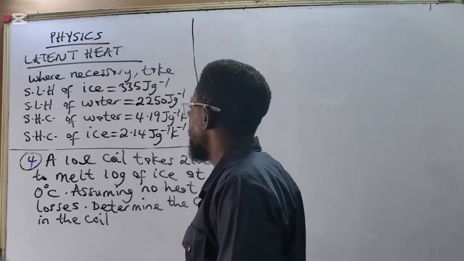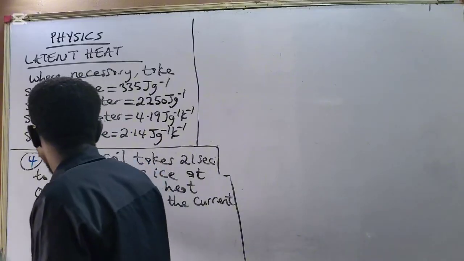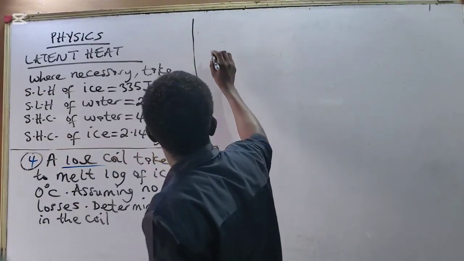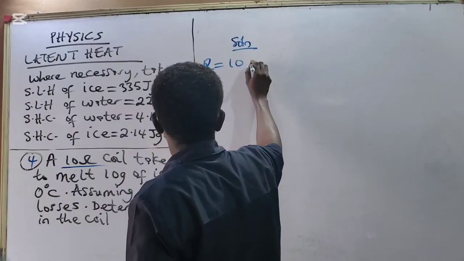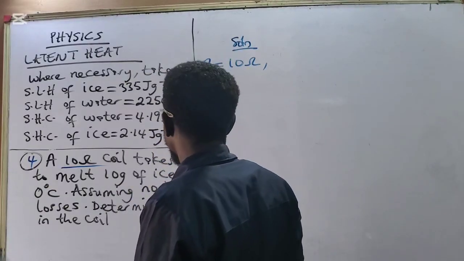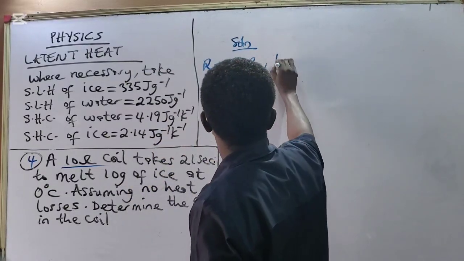It says the 10-ohm coil. That speaks of resistance. Resistance takes 21 seconds. That speaks of time.